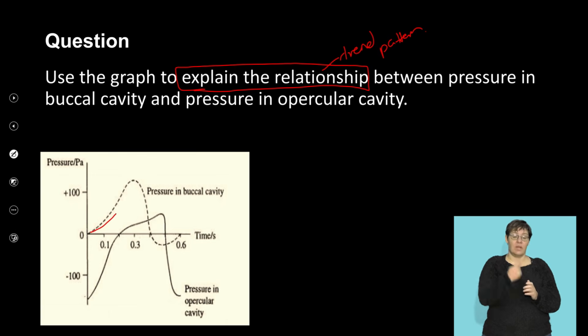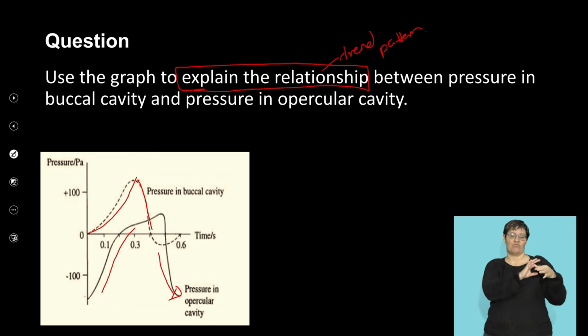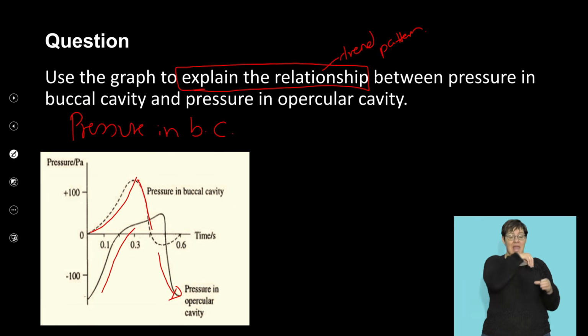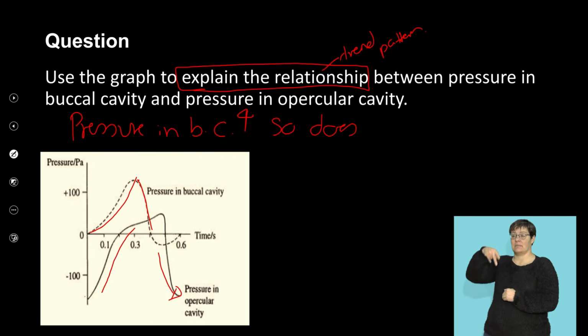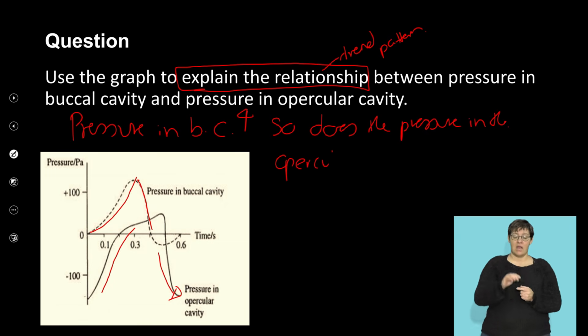When the pressure in the buccal cavity rises, so does the pressure in the opercular cavity. And when the pressure in the buccal cavity decreases, so the pressure in the opercular cavity decreases. So they have a direct relationship. How would I write it? Very simple. As pressure in the buccal cavity increases, so does the pressure in the opercular cavity increase.